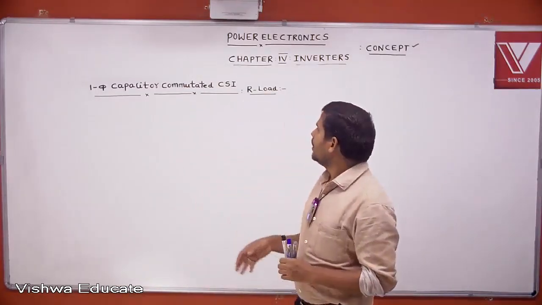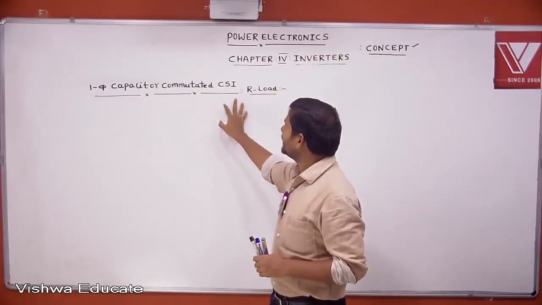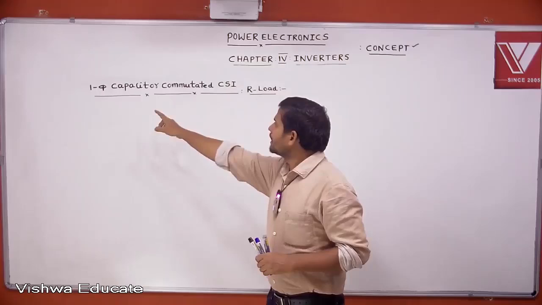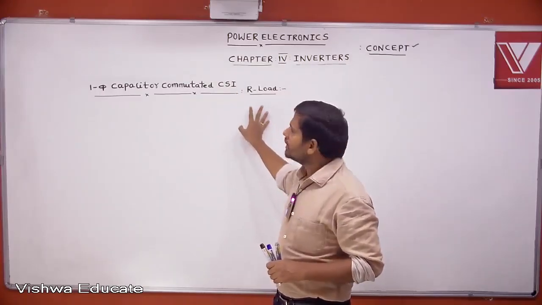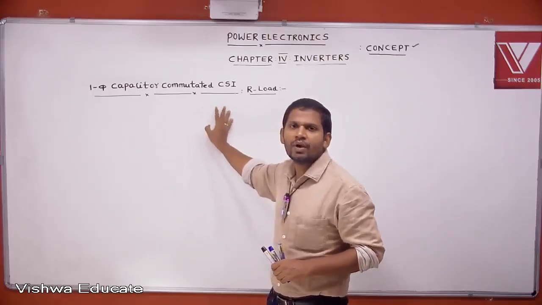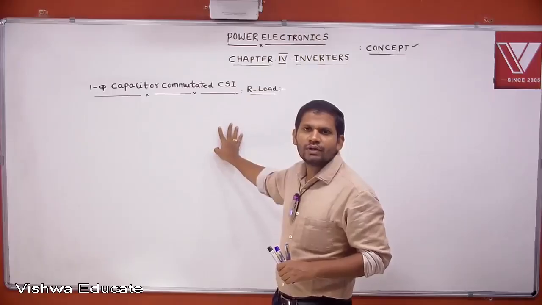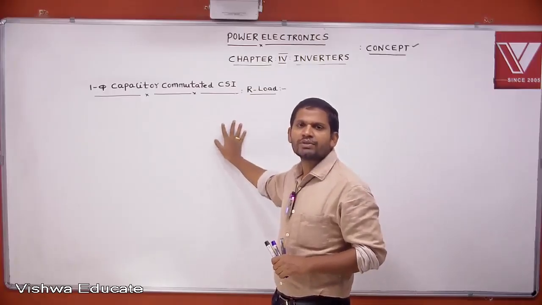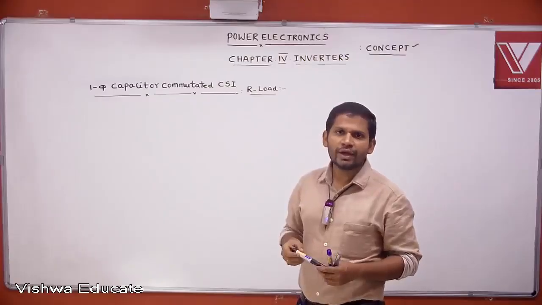Now, in this section, I am explaining what exactly a capacitor commutated current source inverter is, with respect to R load. A capacitor commutated current source inverter is one example of a forced commutated current source inverter. In a current source inverter, once we are using forced commutation, it must consist of a capacitor. Then only forced commutation exists.